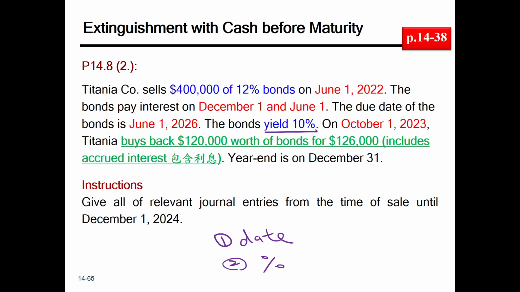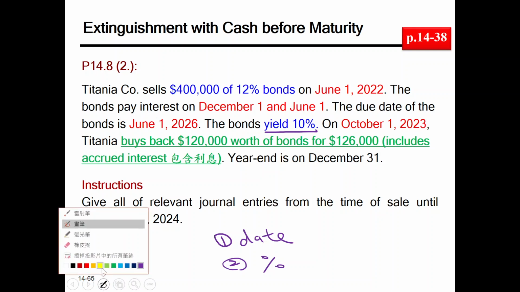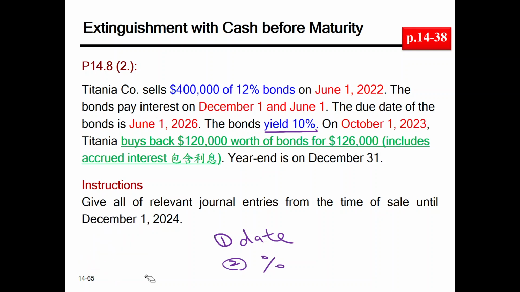But what's the problem? This price includes interest. So it's not redemption price, it's redemption price plus interest. So this number includes two parts, redemption price and interest.